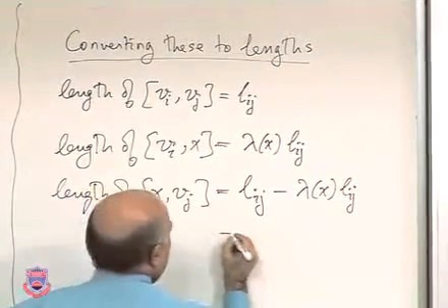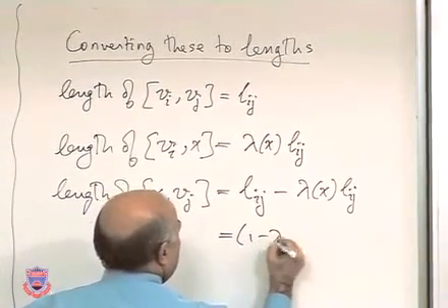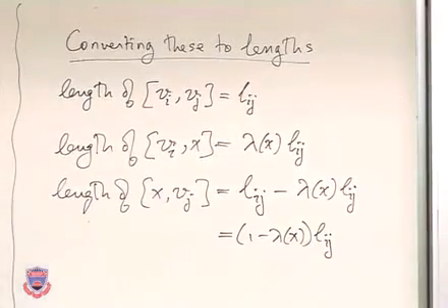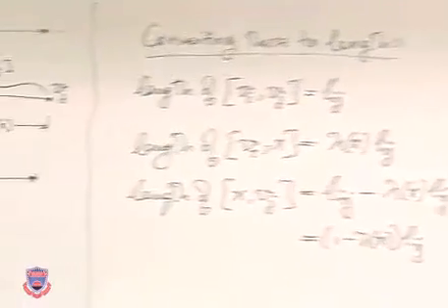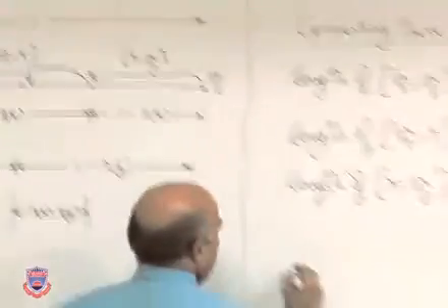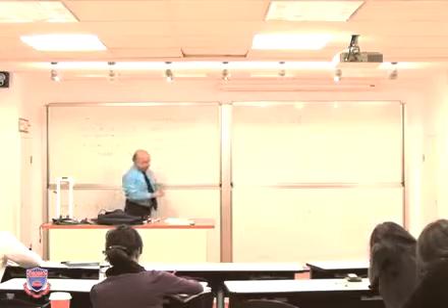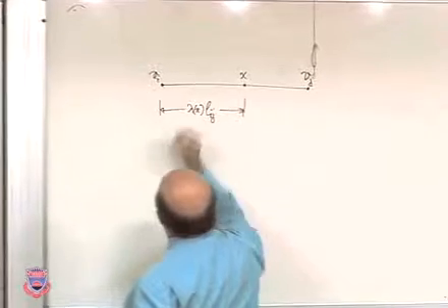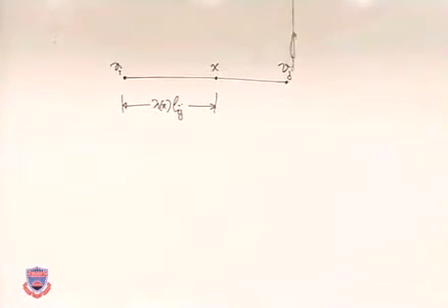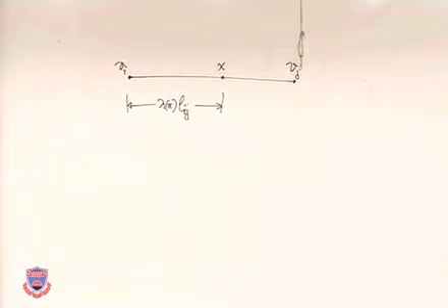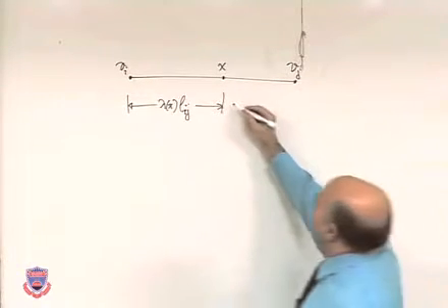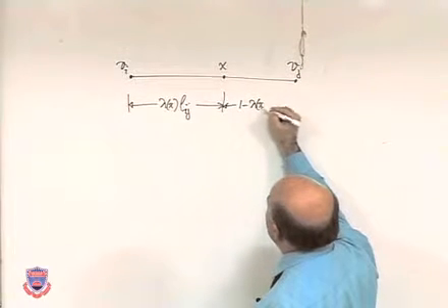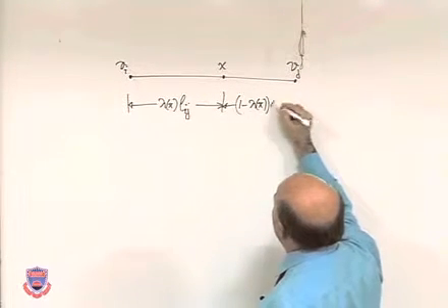So this is the same as, of course, 1 minus lambda x times Lij. Okay, so again, if I continue with my picture, the length of Vi to x will be lambda of x times Lij. The remainder will be 1 minus lambda of x times Lij.